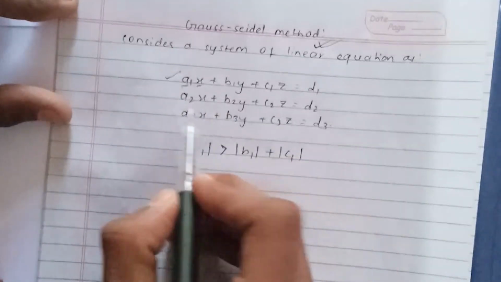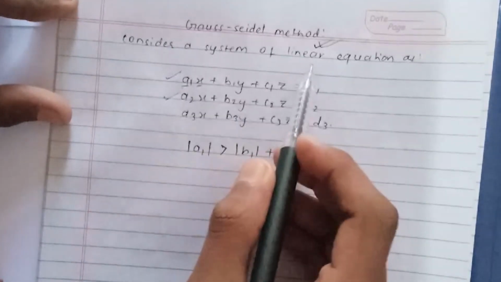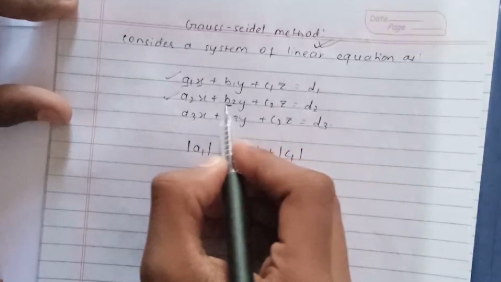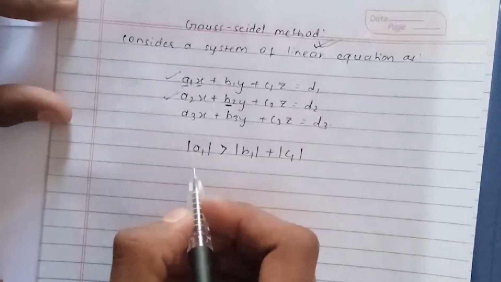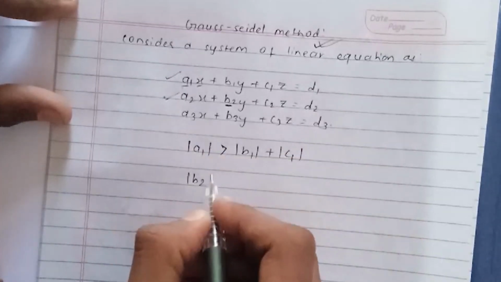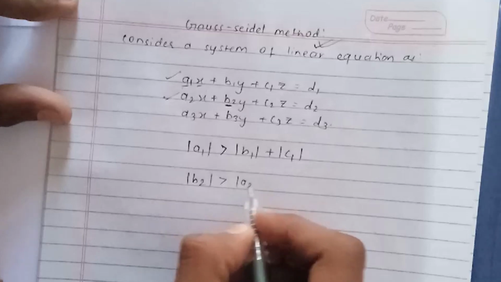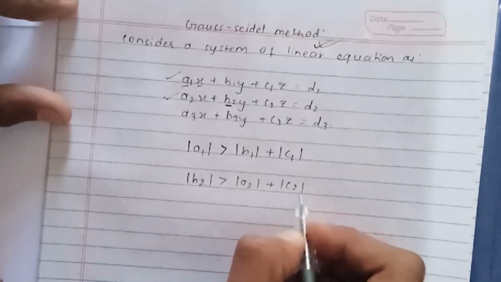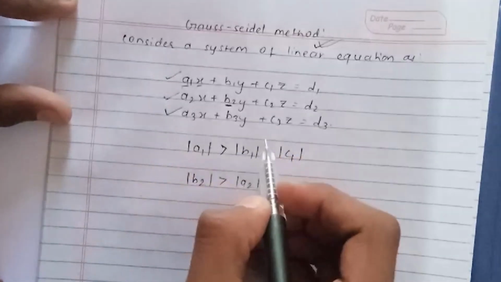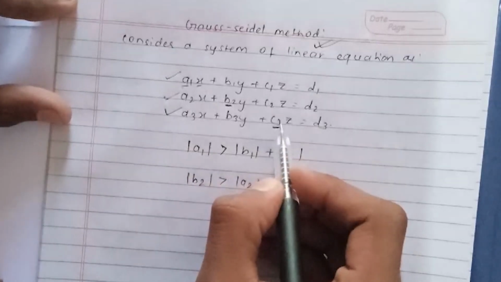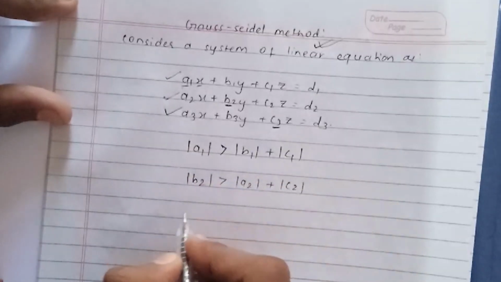Similarly, for the second linear equation, this value must be larger. For this equation, this value must be larger.